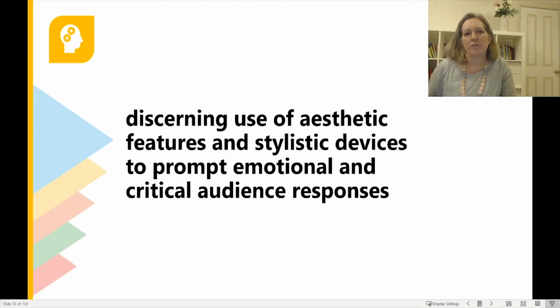So the third descriptor then is the discerning use of aesthetic features and stylistic devices to prompt emotional and critical audience responses. So this is where we get to have some fun. There's four pieces of writing that you do in Senior English, and each one of them is designed to see how you can use language differently according to the purpose and the style of writing.